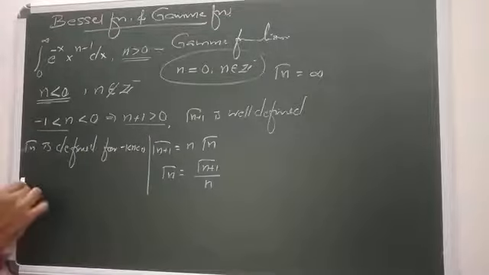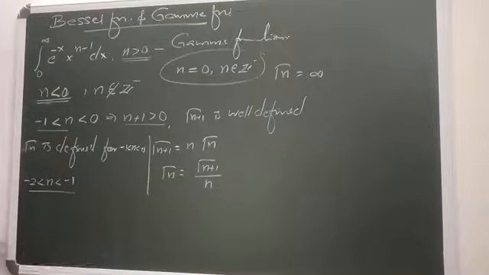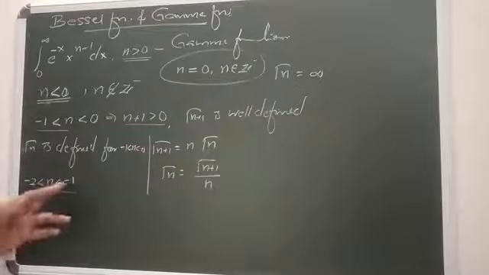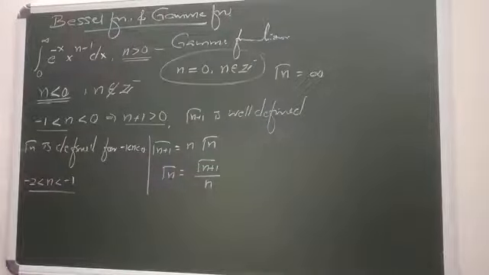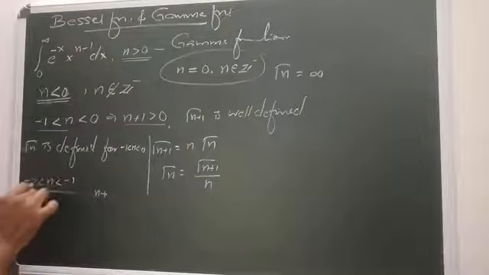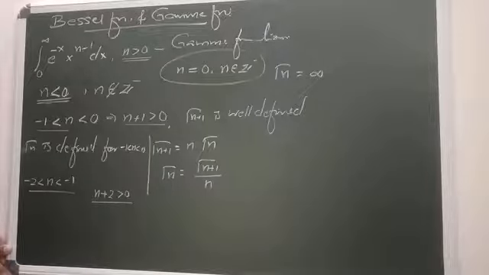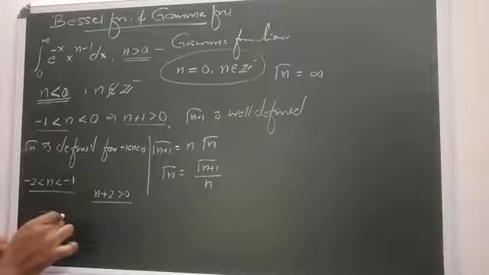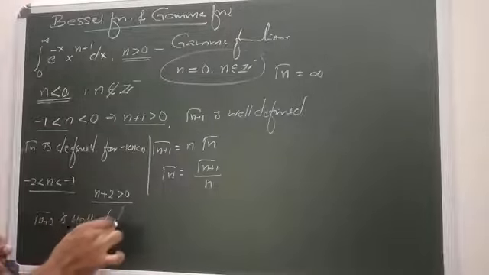Suppose minus 2 less than n less than minus 1. Again n is a negative real number, not minus 1 and not minus 2, so it is not a negative integer. Since minus 2 is less than n, n plus 2 is positive, so gamma of n plus 2 is well defined.